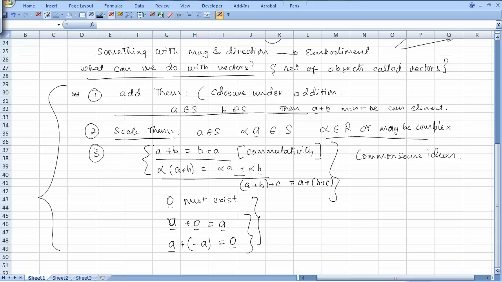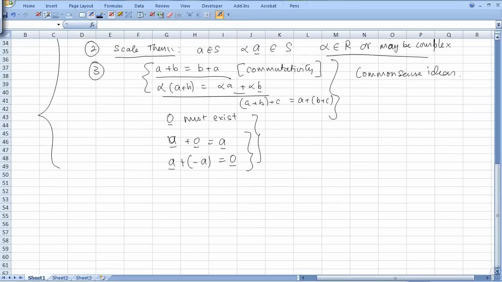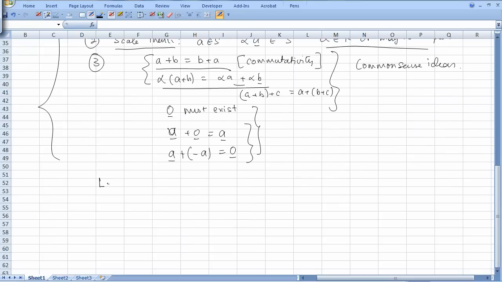So if I look at the set of line segments, so that's our arrows. The 0 is just a dot.